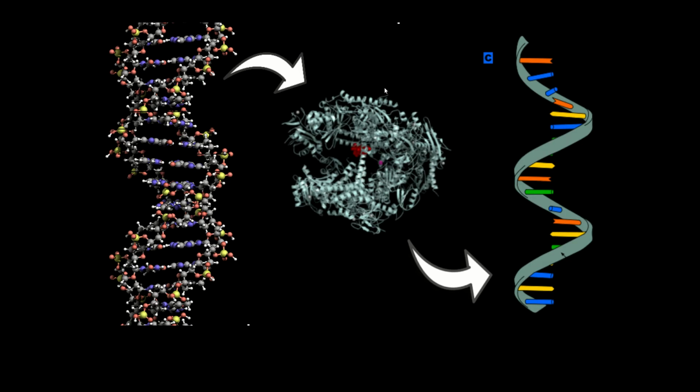It writes the RNA so that the RNA is complementary to the DNA that it has read. So if it reads A, it will write U. If it reads C, it will write G, and so on and so forth.